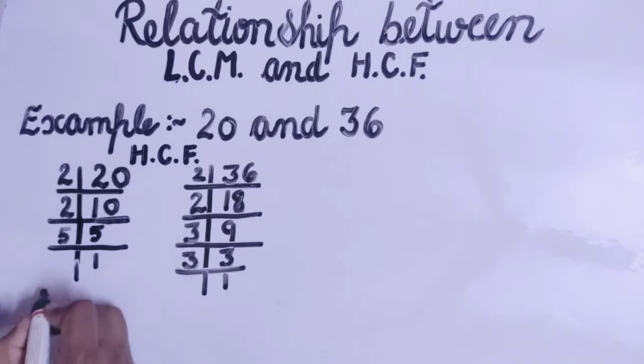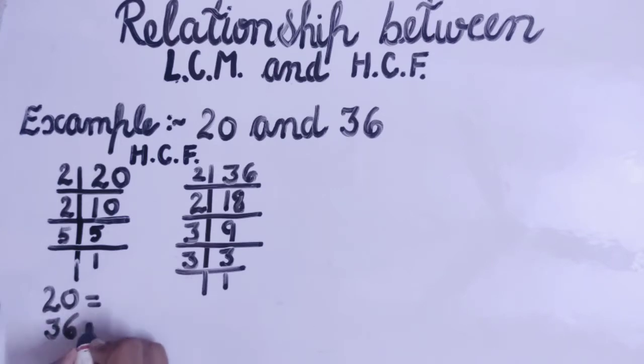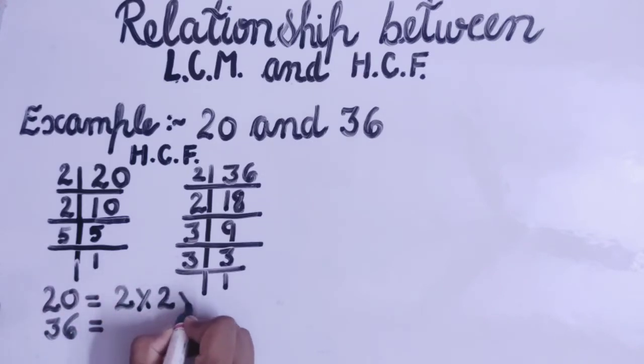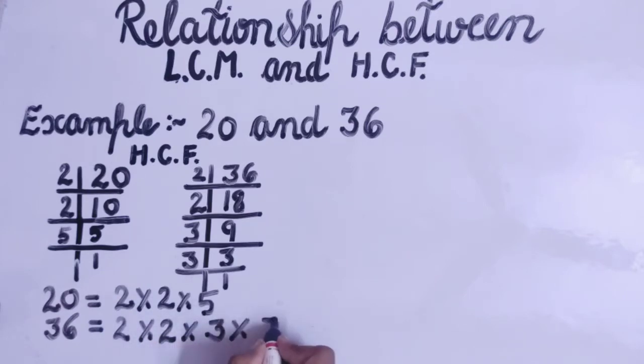Now students, write down the given numbers as the product of the prime factors. 2 multiply 2 multiply 5. 2 multiply 2 multiply 3 multiply 3. Now students, find out the factors common in 20 and 36.